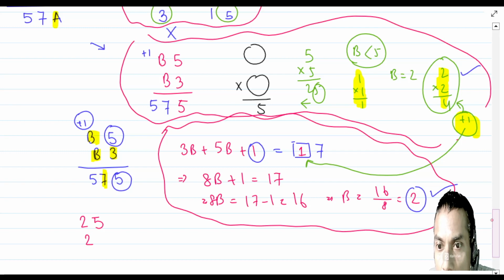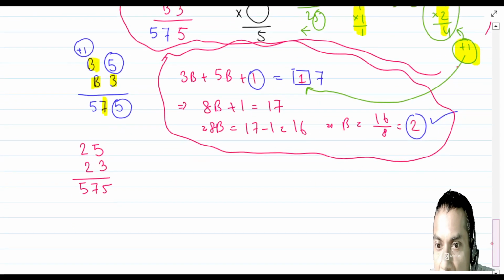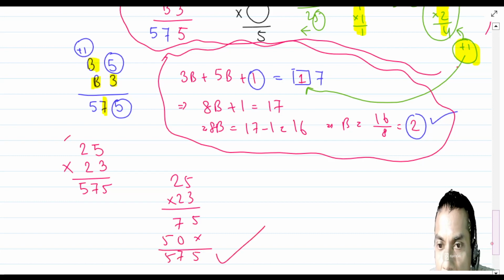Again it is 2 and it is 3. Here it will be 575. Let's check whether it is correct or not. So 25 into 23 is 575, which is correct.